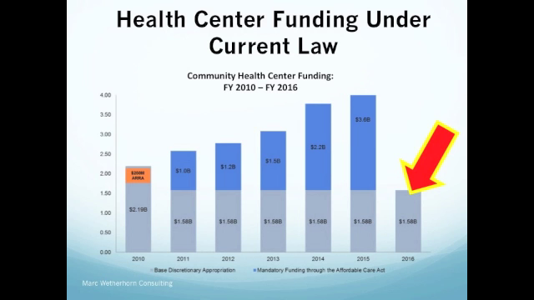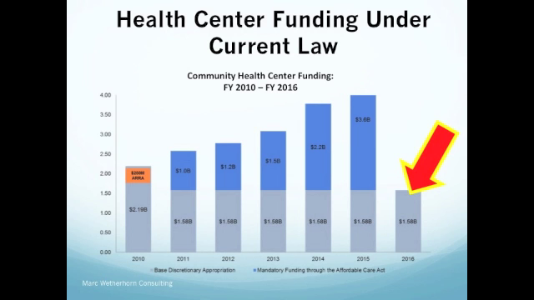I just want to make sure, hopefully all of you are aware of this, because as Jeff said, we built a pretty robust advocacy network at NAC. But many of your health centers received funding and are receiving funding under the Affordable Care Act from a fund that was created in the legislation to help health centers expand, with the idea that they were going to actually be able to take care of all these newly insured people. The only problem with that is when they wrote the act, they assumed that after 5 years, health centers would be seeing huge bumps in revenue from more patients, from more paying patients.